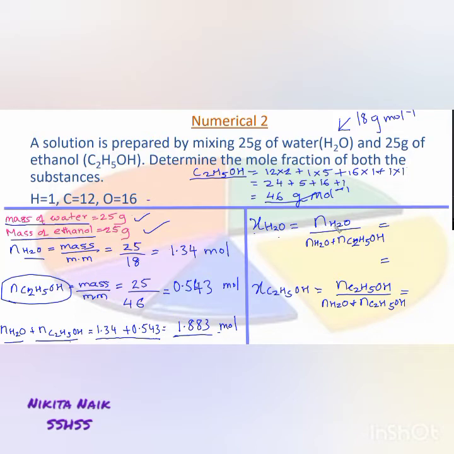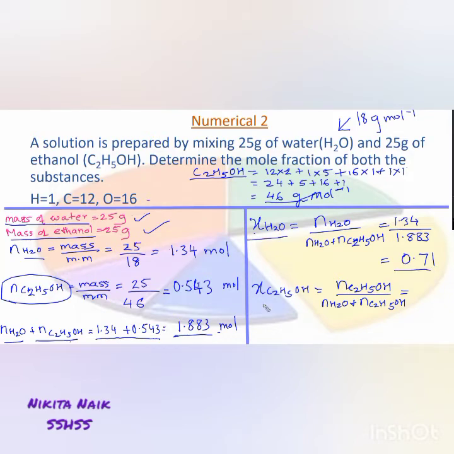So, number of moles of water is 1.34 upon total number of moles, that is 1.883, and here our answer is 0.71. So the mole fraction of water is 0.71.